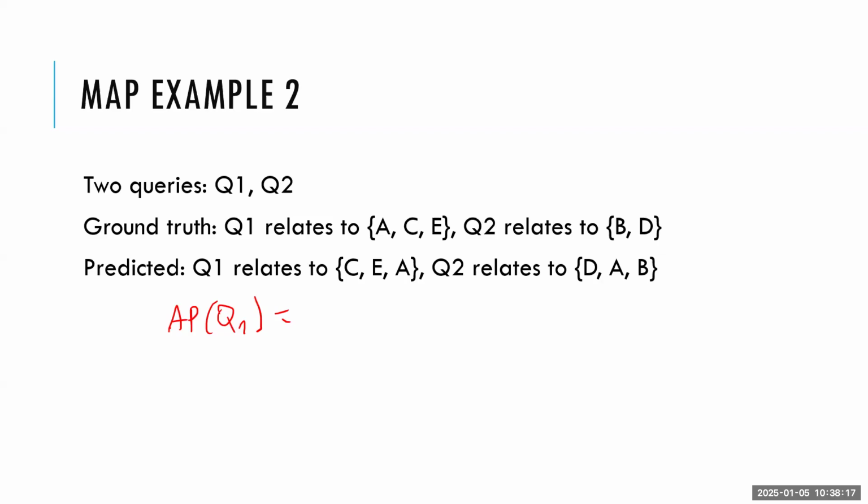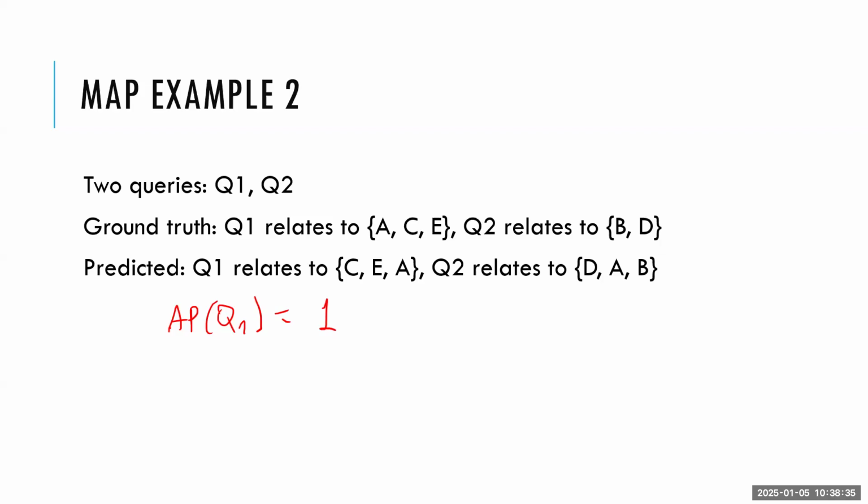Q1 is related to A, C, E, and the ranking that I got is C, E, A. So what should be the AP score? Should be 1, right?